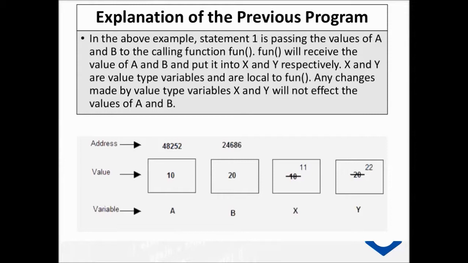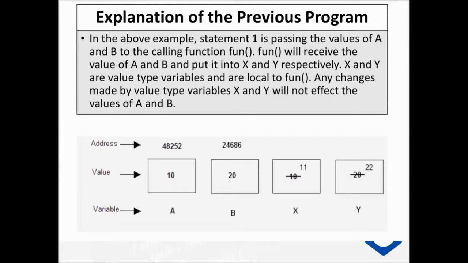So, for example, if we declare two variables a and b and store values 10 and 20 into them respectively, and let's say that a has address 48252 and b has address 24686.